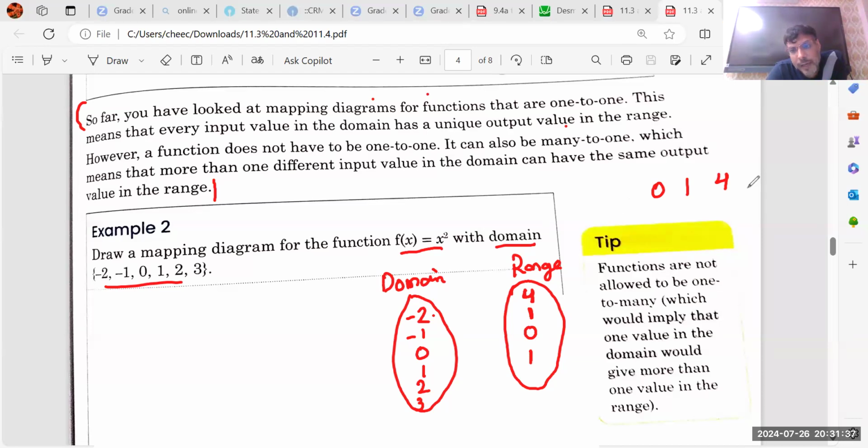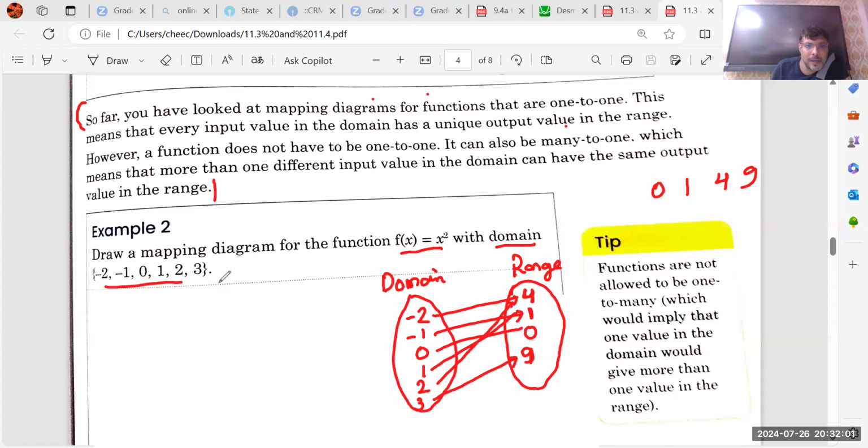When I put 3, what will I get? 9. So I will just write 0, 1, 4, 9. It's better to write in ascending order. So -2 will go to 4, 2 will go to 4, -1 will go to 1, and 1 will go to 1, 0 will go to 0, 3 will go to 9.